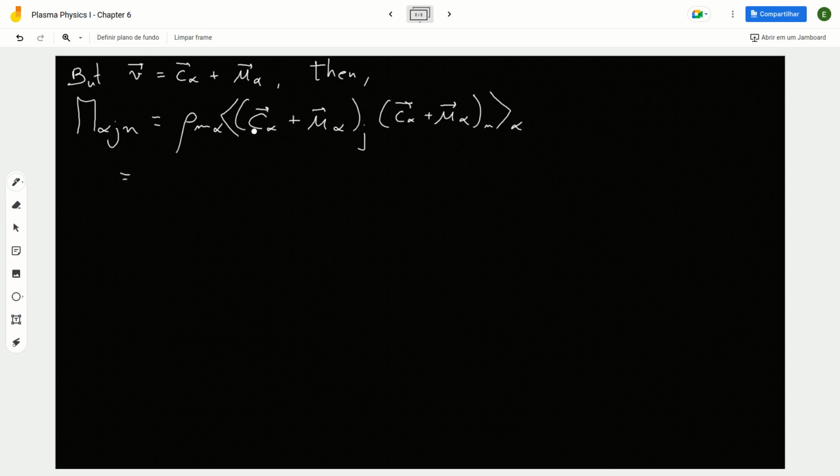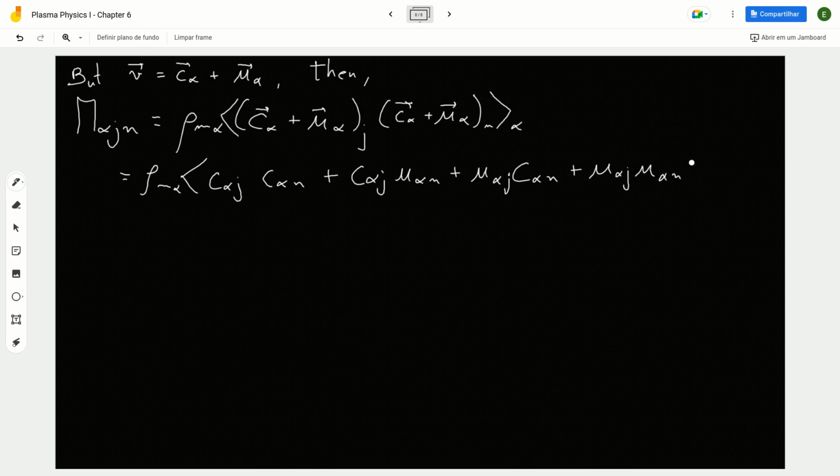Okay, I will just distribute this product here, so we get rho m alpha times the average of c alpha j, c alpha n, plus c alpha j, u alpha n, plus u alpha j, c alpha n, plus u alpha j, u alpha n. Now we can group these quantities.